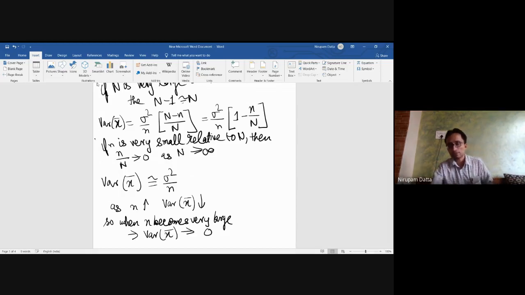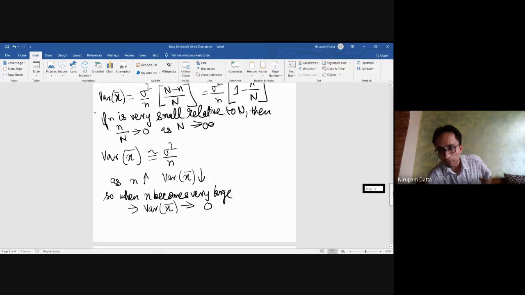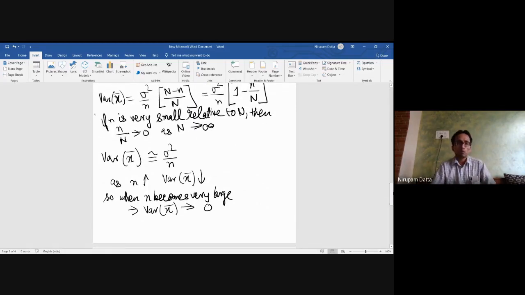That means in such a situation, the sample estimate of the mean will closely approximate the population mean when n becomes very large, that is, when the size of the random sample becomes very large.